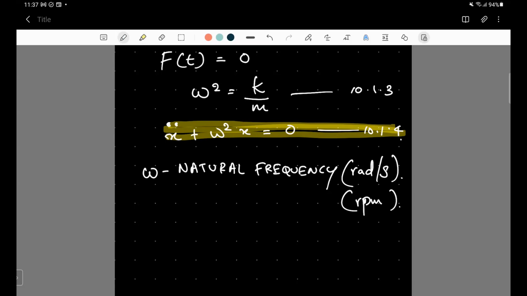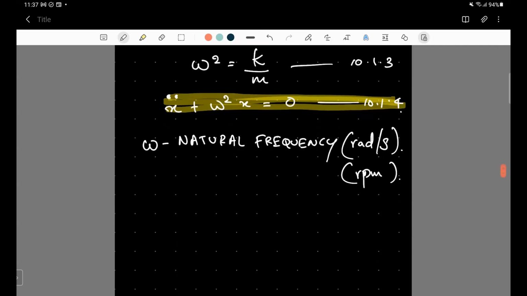And of course, we can identify the amplitude of this vibration, and we can define a time interval which is required for the block of mass to complete one full cycle of motion, which is called the period of the vibration.